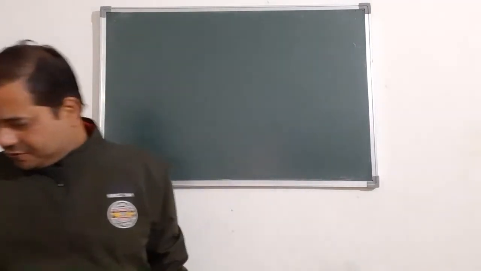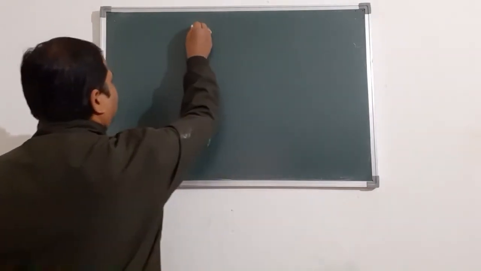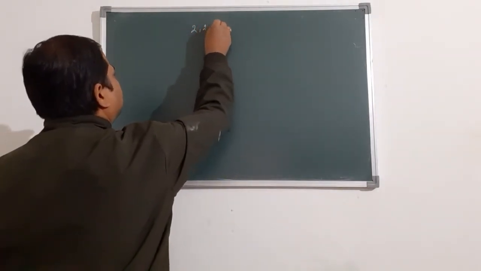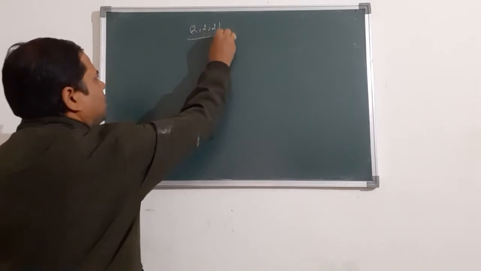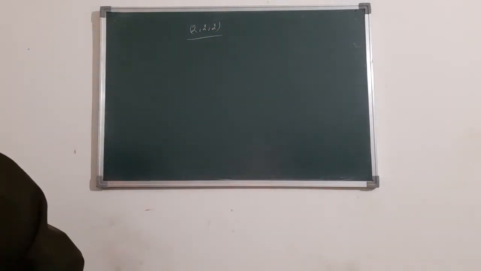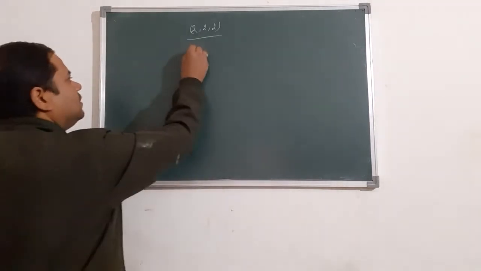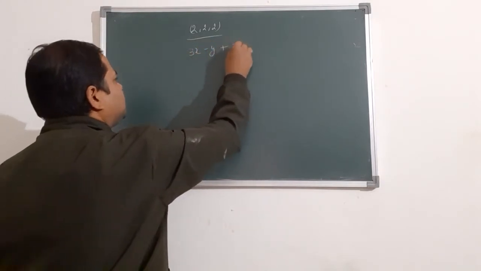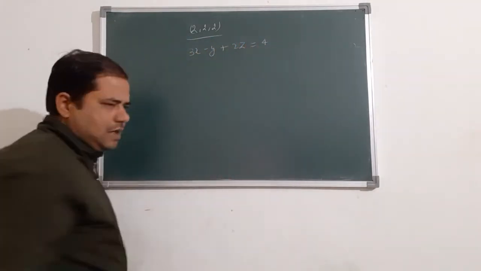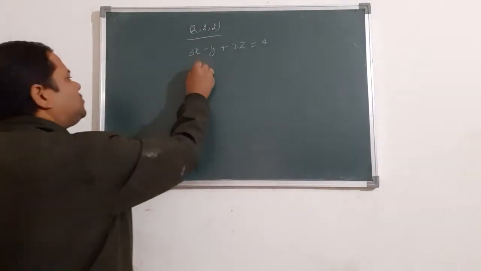So let us see, first one is find the equation of plane which passes through the point 2, 2, 2. That means one point is given and the intersection of the planes 3x minus y plus 2z is equal to 4, and another plane is x plus y plus z is equal to 2.